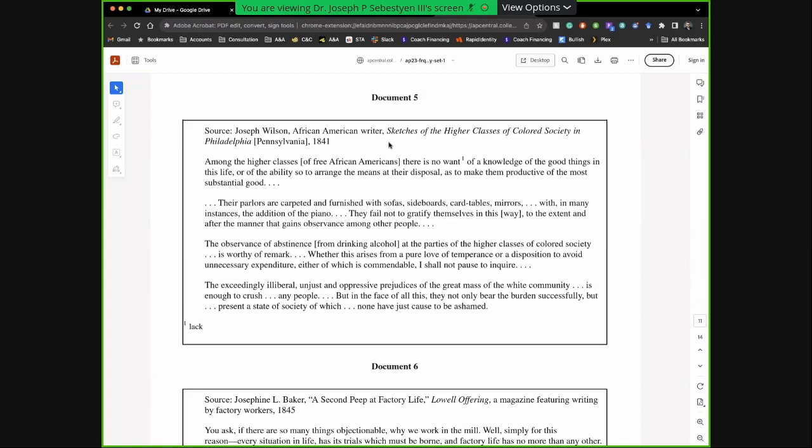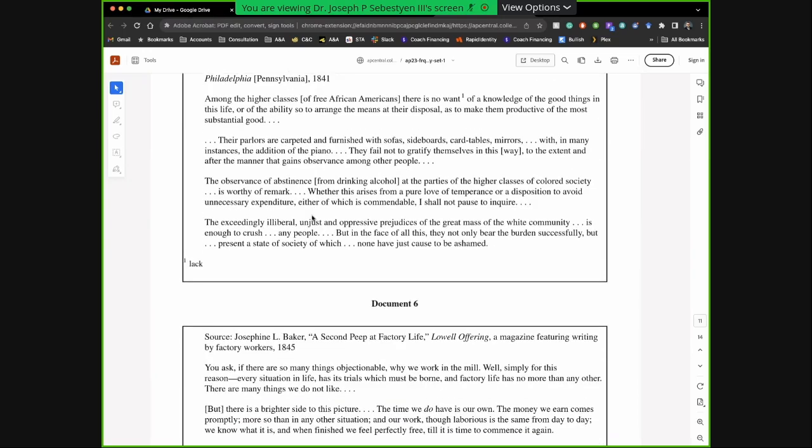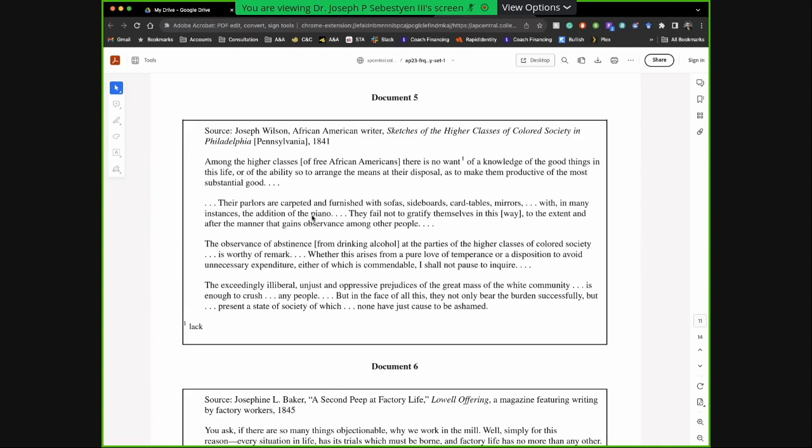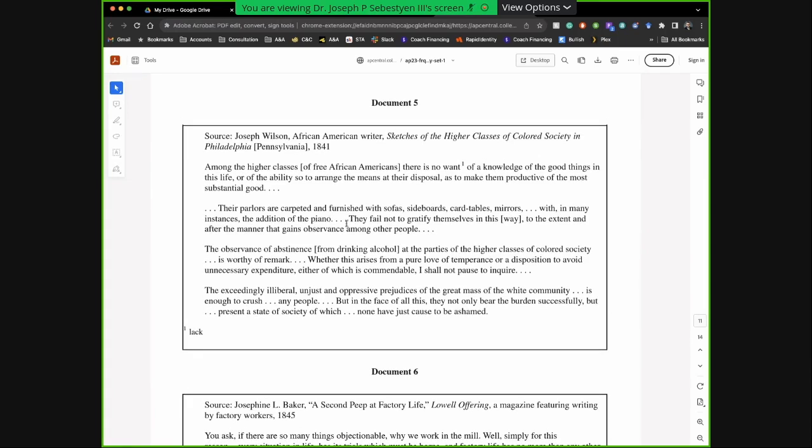The abstinence from drinking alcohol at the parties of the higher classes of society is worthy of remark, whether this arises from pure love of temperance or disposition to avoid unnecessary expenditure, either of which is commendable. I shall not pause to inquire. The exceedingly illiberal, unjust, and oppressive prejudice of the great mass of the white community is enough to crush any people. But in the face of all this, they not only bear the burden successfully, but present a state of society of which none have just cause to be ashamed.